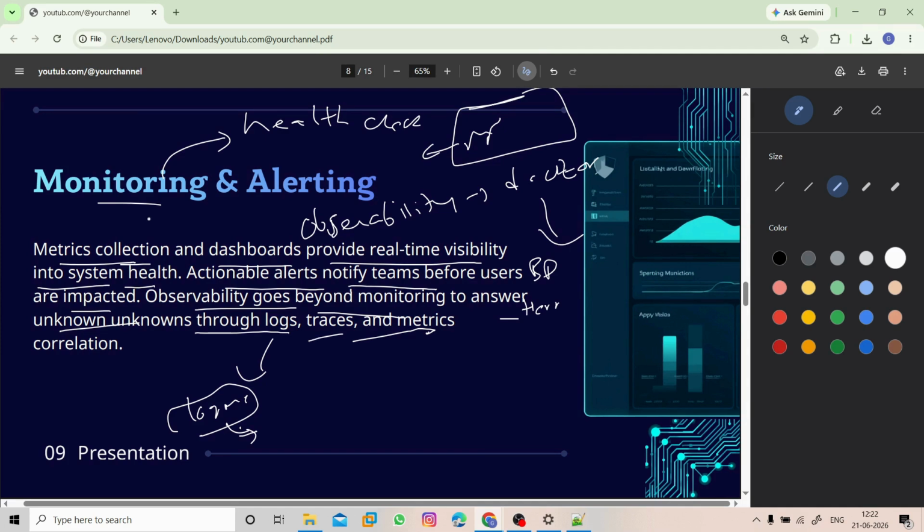Traces mean we can follow every request. Metrics means things like 99.9% and errors greater than 500 within a certain period. So we can check these metrics.